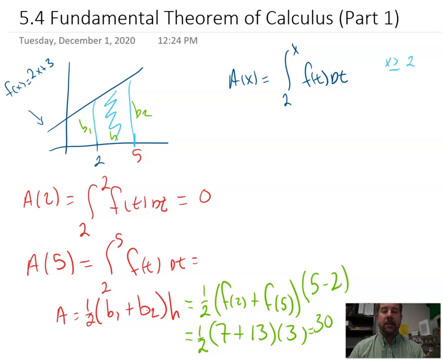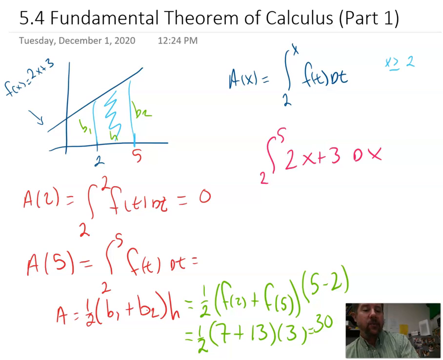Like I said, just to double check, not just for funsies, all right? If I just did this by evaluating using the second part of the fundamental theorem of calculus, the integral from 2 to 5 of 2x plus 3 dx, we should get the same exact answer. Okay? So if I integrate this, add 1 to the exponent, divide by the new exponent, this becomes x squared plus 3x, evaluated from 2 to 5.